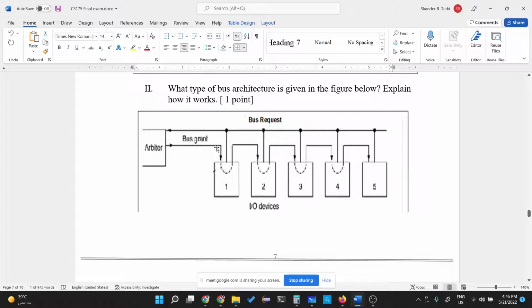So the disadvantages: if we lose any component here, we break the chain, which means that the system is not very fault tolerant. If device 3 stops working, it will not pass the bus grant signal to the components that come after it. So it's not very fault tolerant. What else?